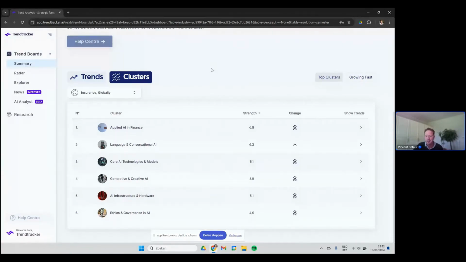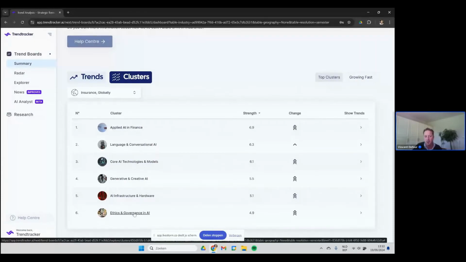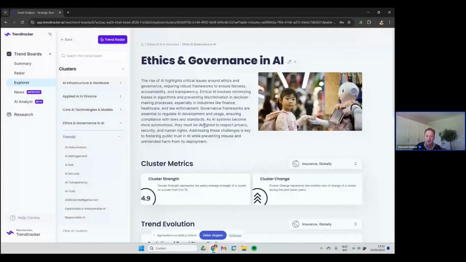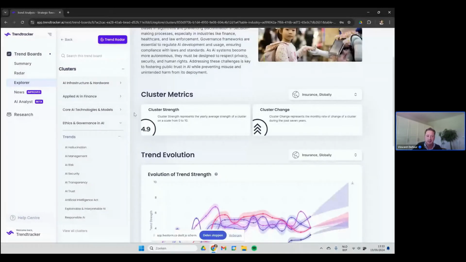And let me now maybe zoom in on one of these things. Let me take one that's potentially less obvious, maybe the last one here. Let's zoom in on ethics and governance in AI. Okay, so within ethics and governance in AI, what would happen is you would get that cluster score telling you it's a 4.9.